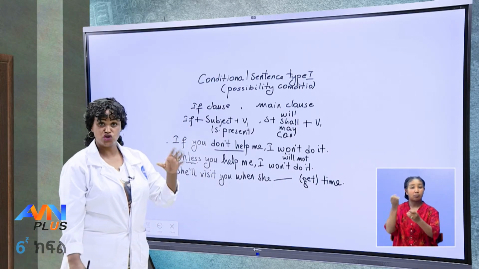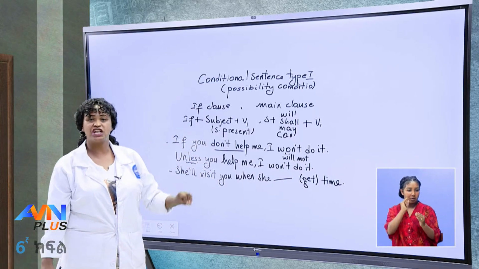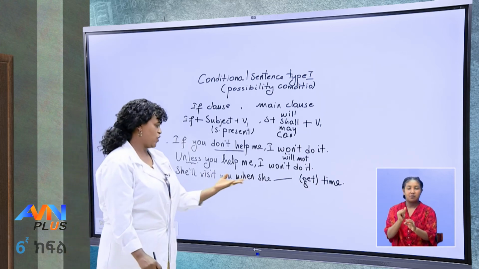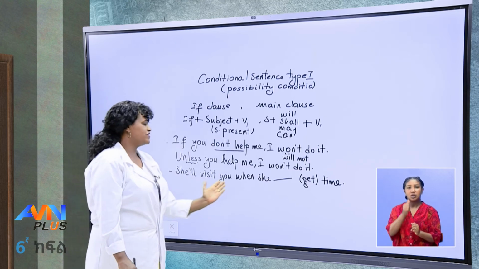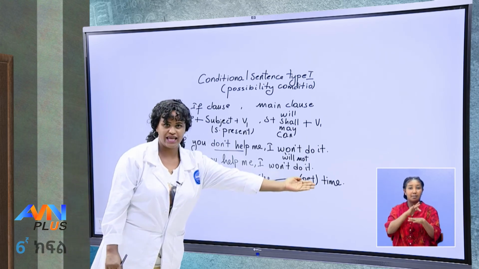I told you that it's not only if, even though we call it the if clause. You can also find when and, like this one, unless, right? Okay, let's do this one. She will visit you when she blank get time.